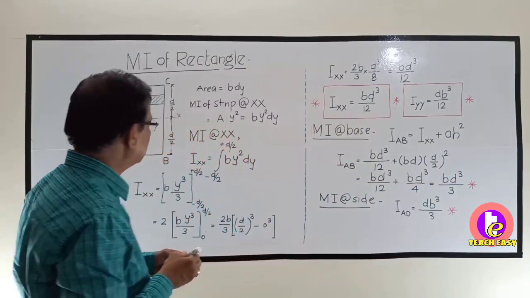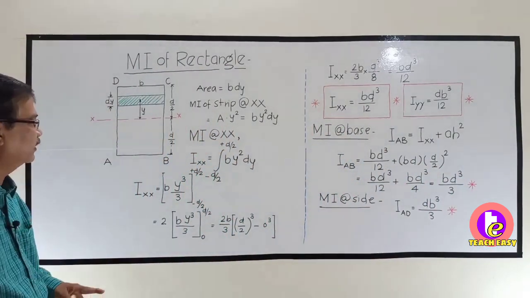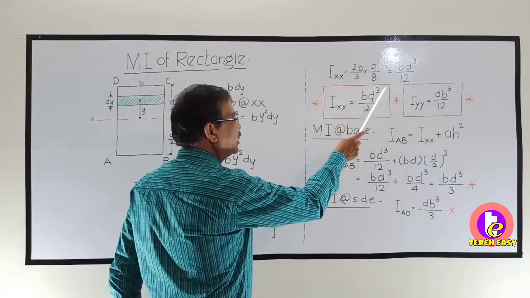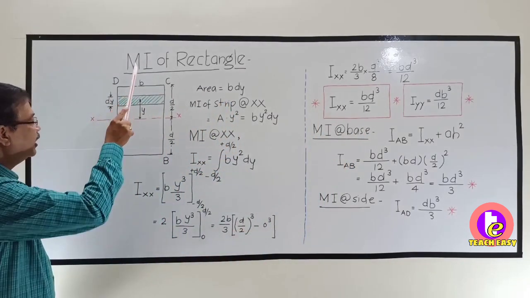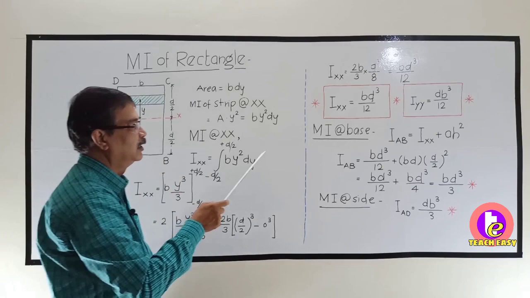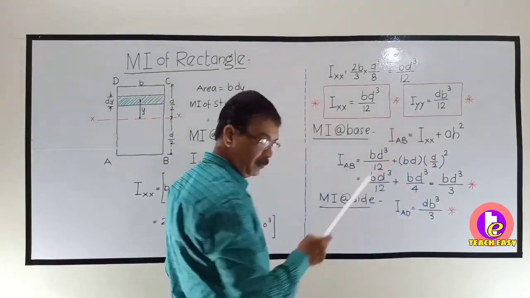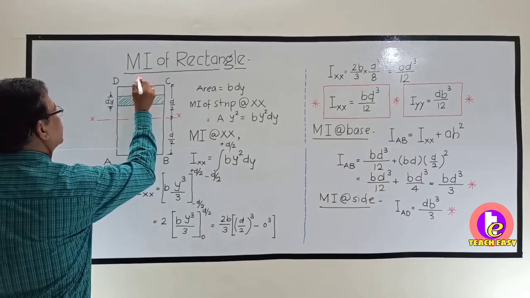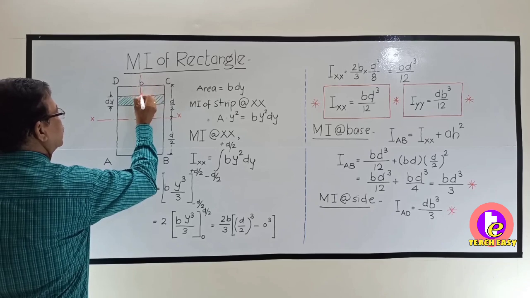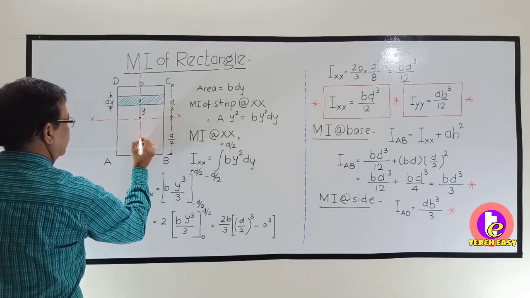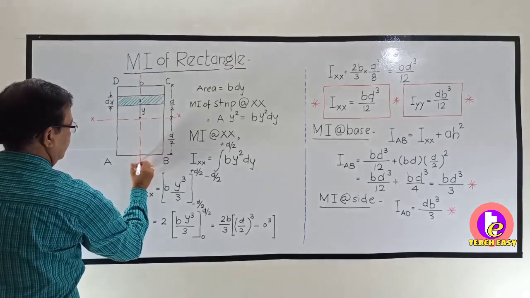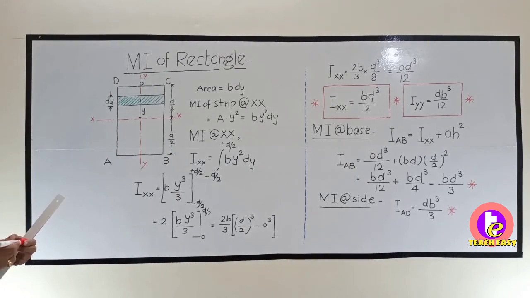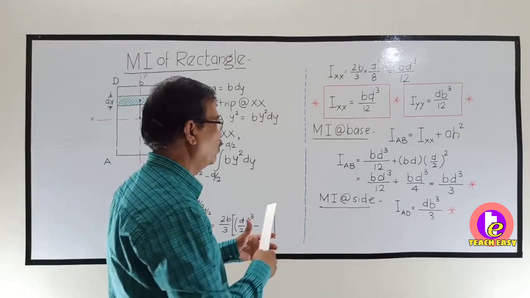So here we have seen what is the moment of inertia of a rectangle about horizontal centroidal axis. It is b into d cube by 12. About vertical centroidal axis, y axis, it will be d into b cube by 12. What is y axis? This is y axis. So Iyy is equal to db cube by 12.